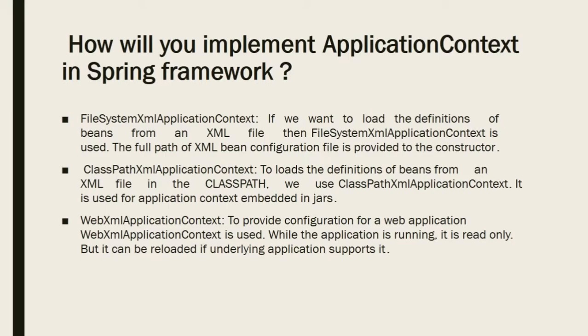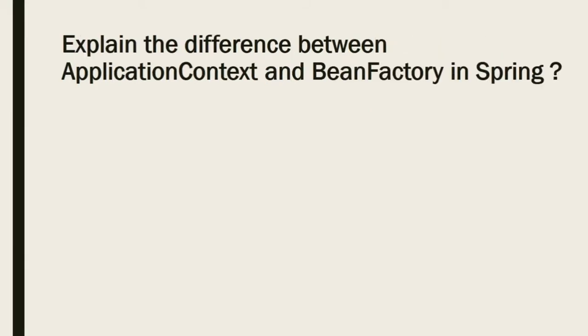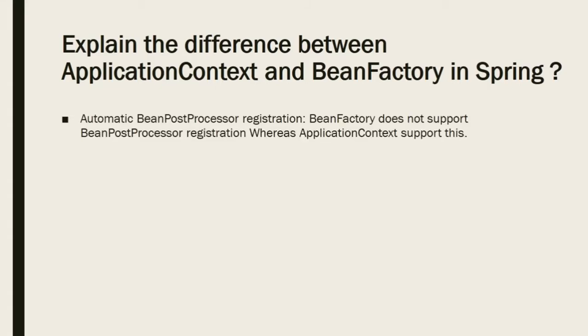Oh, explain the difference between application context and BeanFactory in Spring? Okay, main differences between application context and BeanFactory are: 1. Automatic bean post-processor registration. BeanFactory does not support bean post-processor registration, whereas application context supports this. 2.